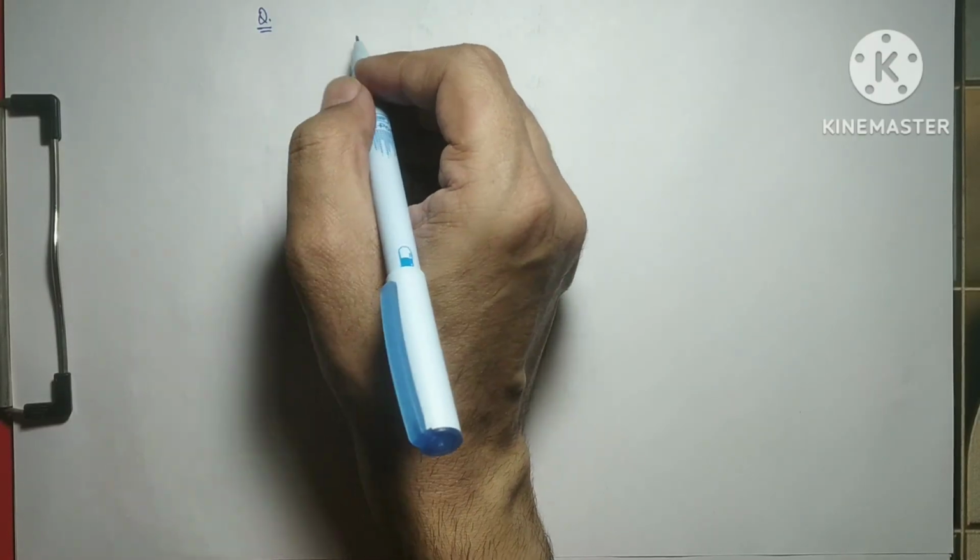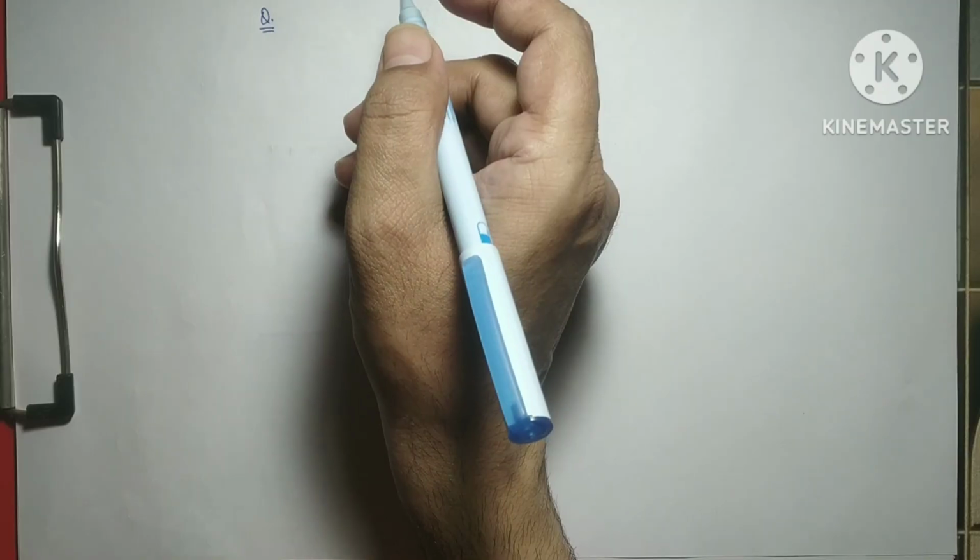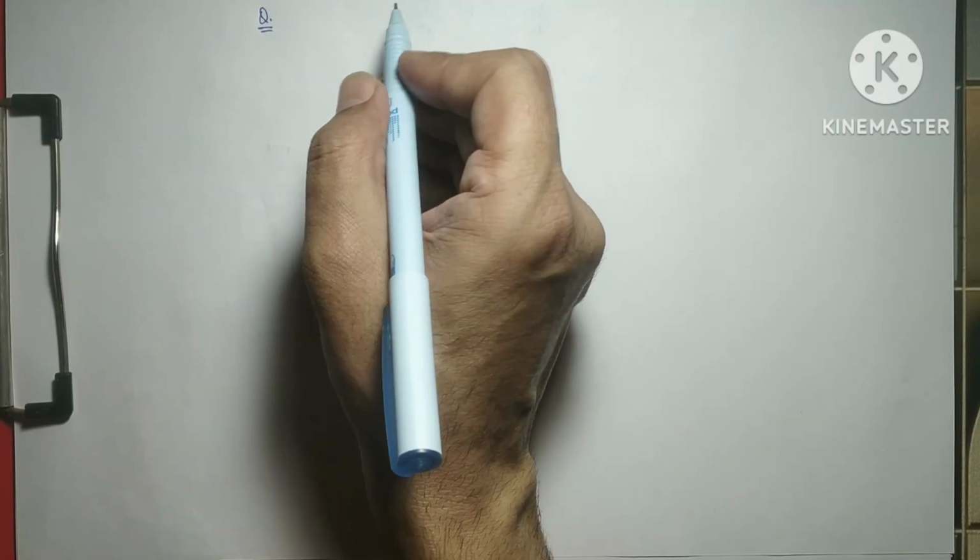Now the next question. Find two numbers whose sum is 16 and the sum of whose cubes is minimum.